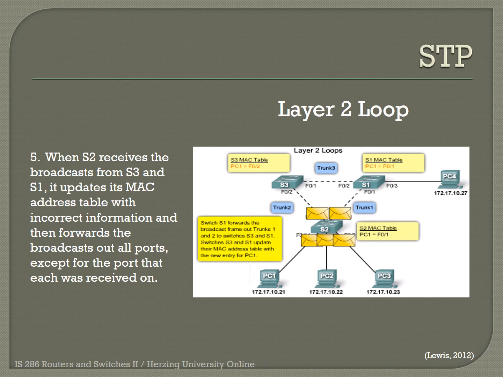When S2 receives the broadcasts from S3 and S1, it updates its MAC address table with incorrect information and then forwards the broadcast out all ports except for the port that each was received on.